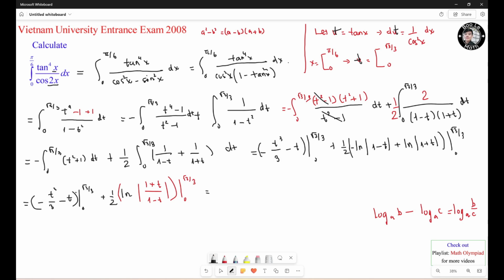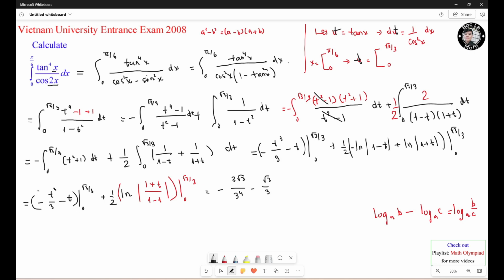Now you substitute this guy over here, so it turns out to be negative root 3 cubed. It's going to be 3 root 3. This guy 3 cubed combined with this guy, so it's going to be 3 to the 4, minus root 3 over 3.